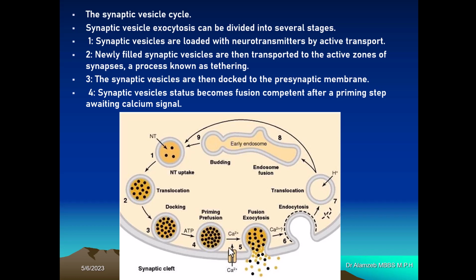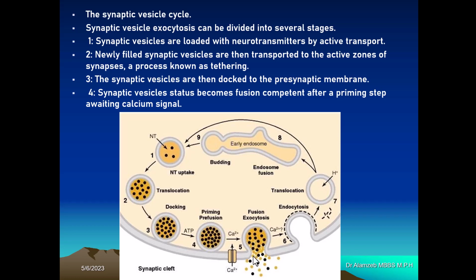When calcium enters the neuronal end by stimulation, they are now mature or competent, and this entry of calcium causes fusion, or merging, of the vesicle and the membrane, and then the vesicle releases its neurotransmitter into the synaptic cleft.